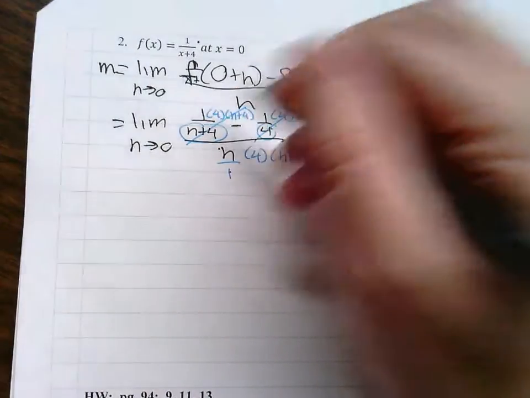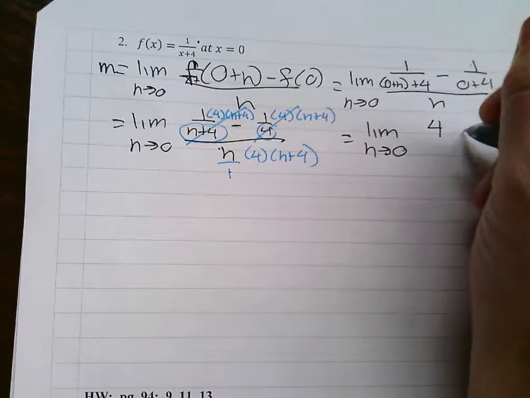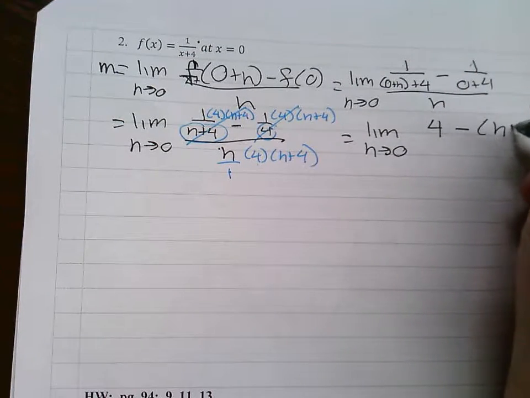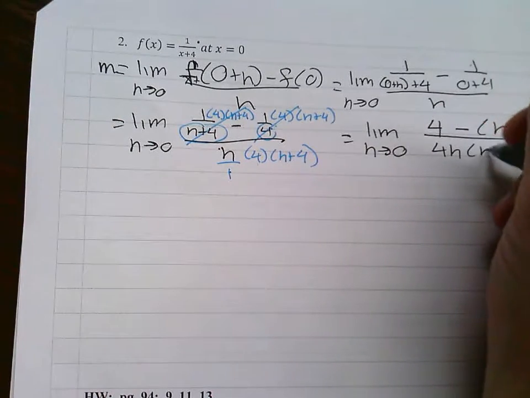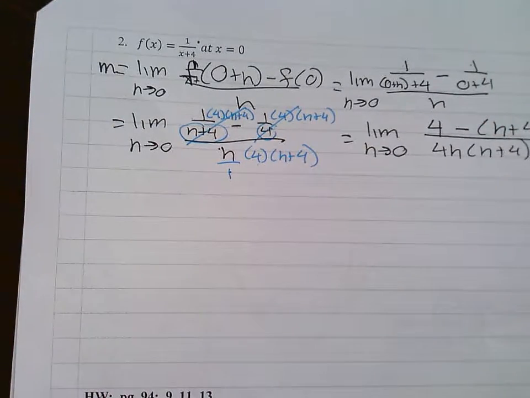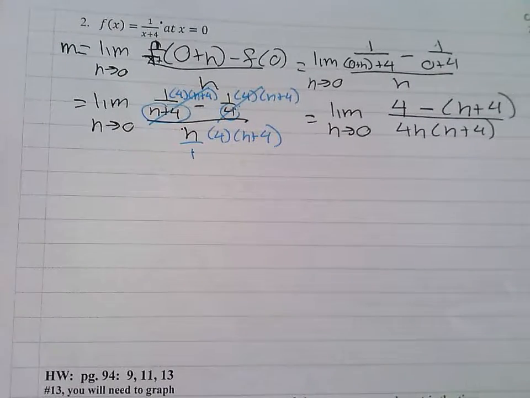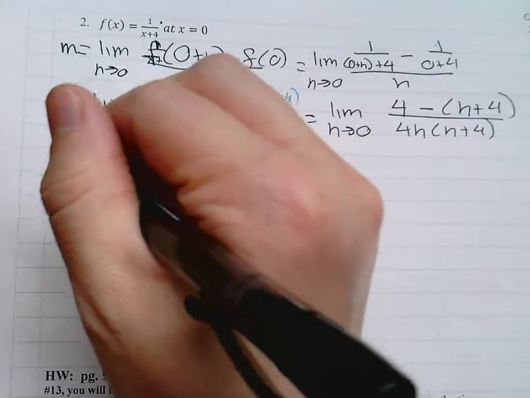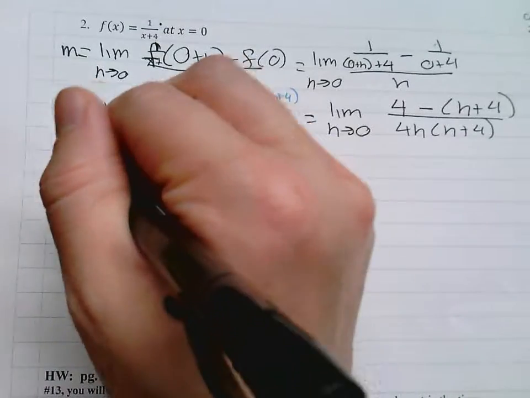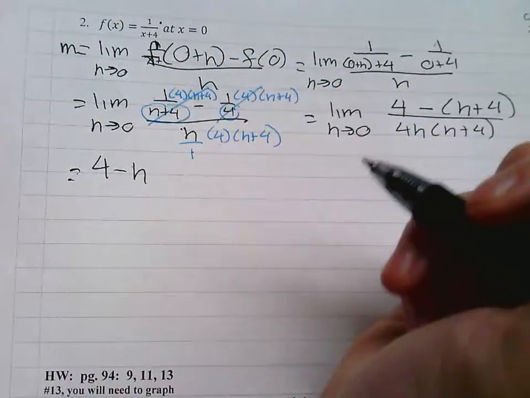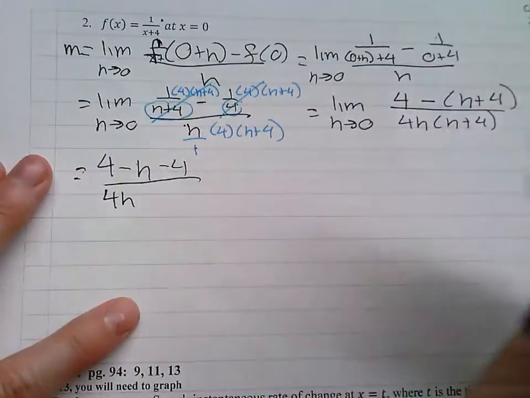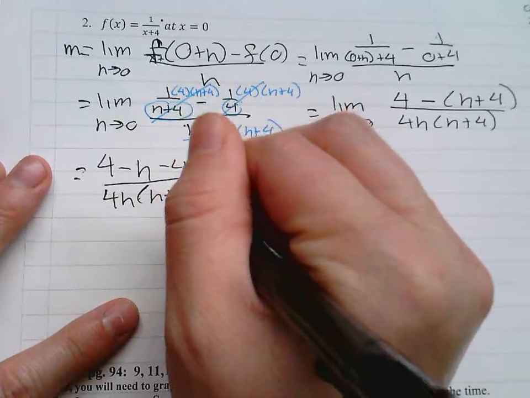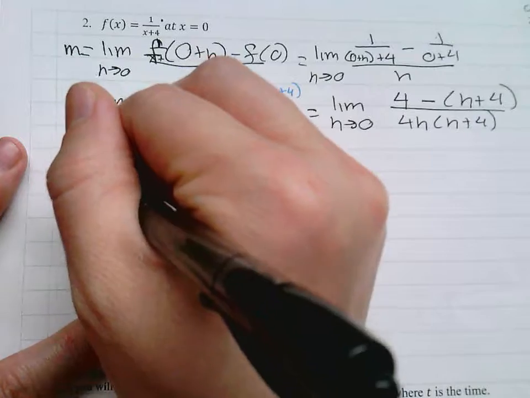So that's going to be 4 minus h plus 4 over 4h times h plus 4. So that's going to be 4 minus h minus 4 over 4h times h plus 4. Oops, limit.